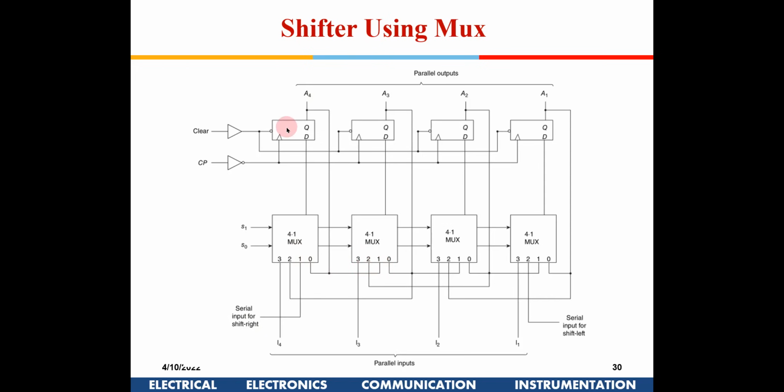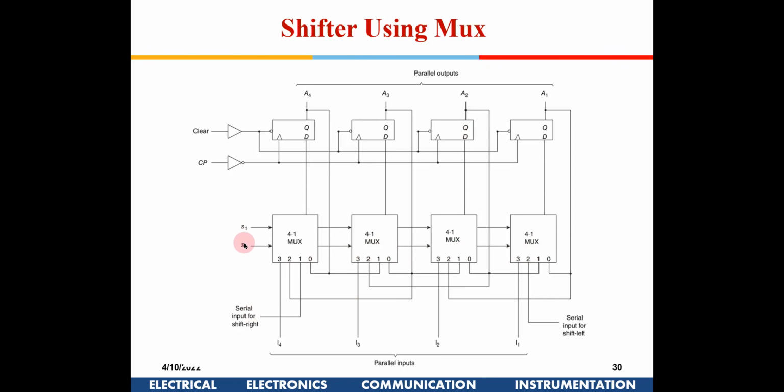So whatever data was available here, during the next clock it will come here, because this 0 is going to come here through the 0 out available here, and that is given to 1 also. So this output is given to 1 here, and from 1 it is given here. So it will do a shift right operation, right?